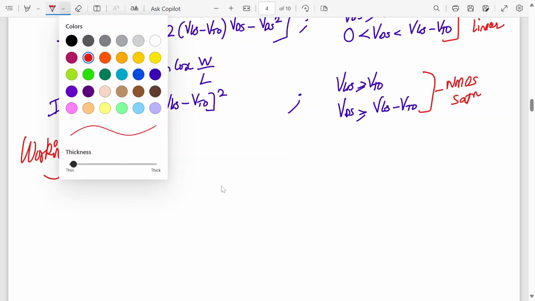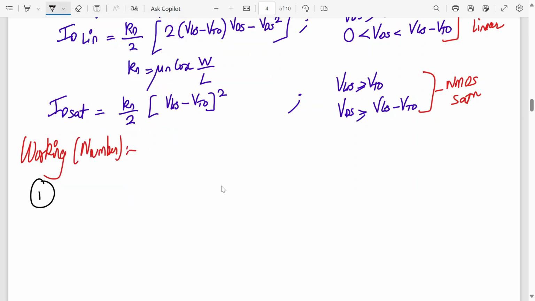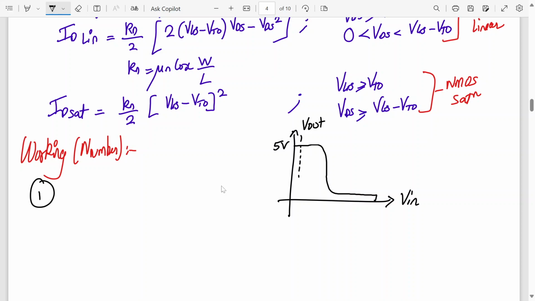So case number 1. This is my VTC curve, V in, V out. Let's say this is 5 volt. And let's say input is around 0.5. Let's say VTO is 0.5, VDD is 5.